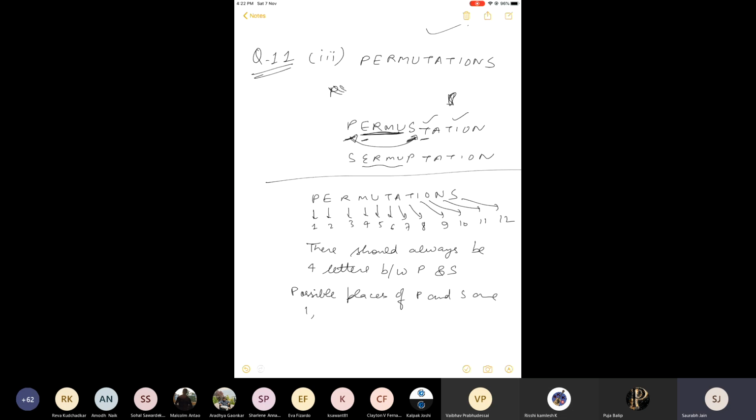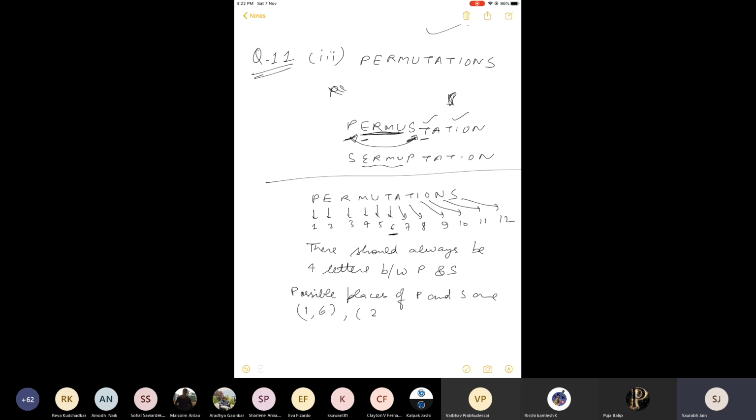Why? Because in that way there will be four alphabets at the positions 2, 3, 4, and 5. Similarly, possible place of P can be second. In that case, S will come at the seventh position.